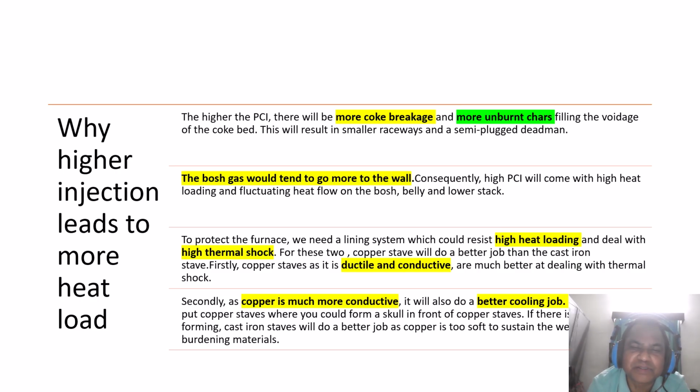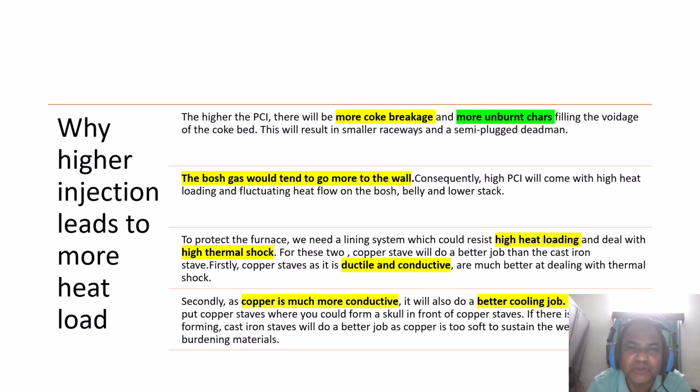Now coming to the second slide, which clearly shows, and all blast furnace operators know, that when we increase PCI injection, coke layer thickness is reduced, and this results in a very high ore by coke ratio, which subsequently produces a high amount of hot metal, and this is how we increase the productivity in the blast furnace by increasing PCI injection.